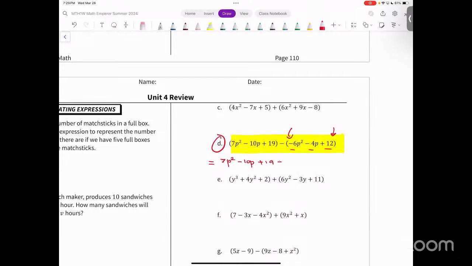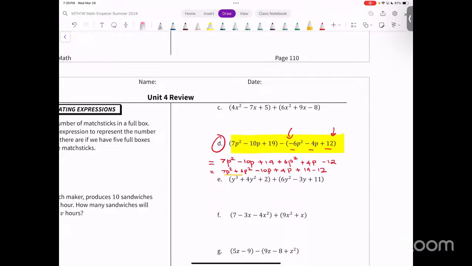Negative 6p squared becomes positive 6p squared. Negative 4p becomes positive 4p. Positive 12 becomes negative 12. Pretty easy. When you have a negative sign outside the bracket, when you open the bracket, the sign will change.